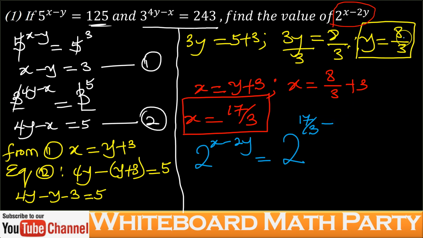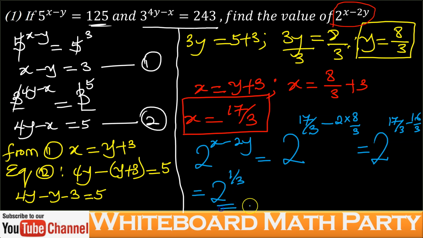Our y is 8 upon 3, which is to be multiplied by 2, so it's 2 times 8 over 3. Let's work this out. Now we have 2 to the power of 17 upon 3 minus 2 times 8, which is 16, so 16 upon 3. Now it's easier to solve. Our final answer is going to be 2 to the power of 17 minus 16, which is 1, so 1 upon 3. You can leave your answer exactly like this.